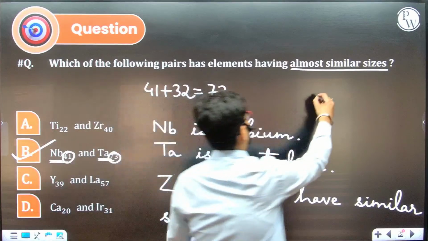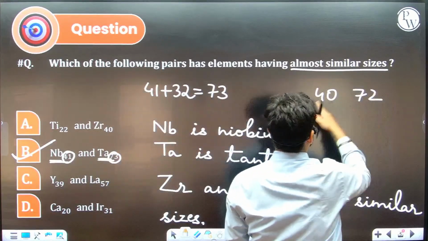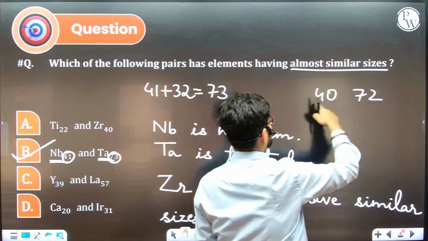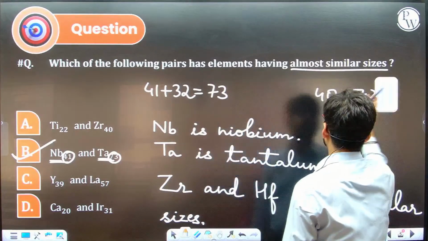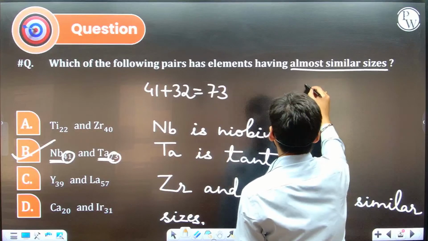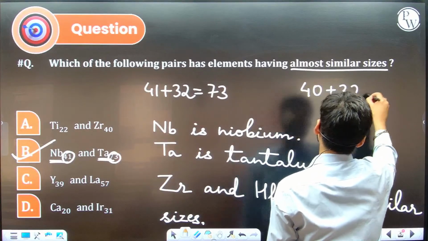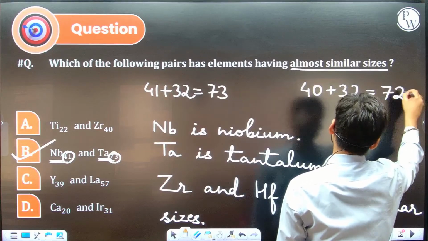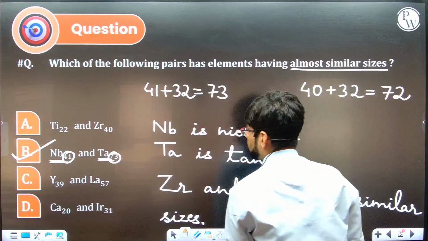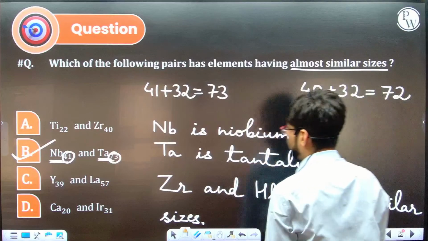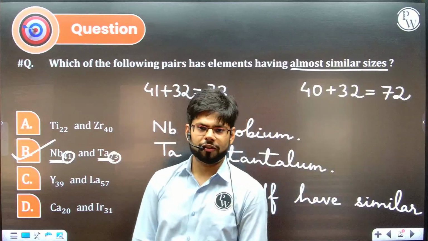Again, if you look at the difference, it is 32. So 40 plus 32 is 72. So again, Zr and Hf belong to the same group of the periodic table.